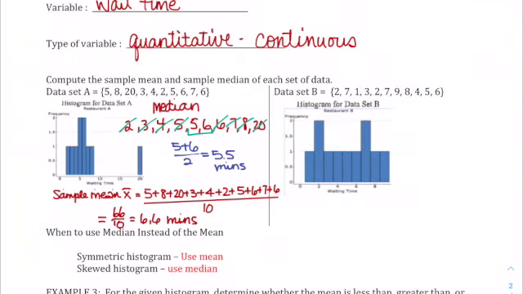Now data set B. And please pause it if you don't want to see the answers. But make sure you show your work, because I will check it when I give you points for notes.